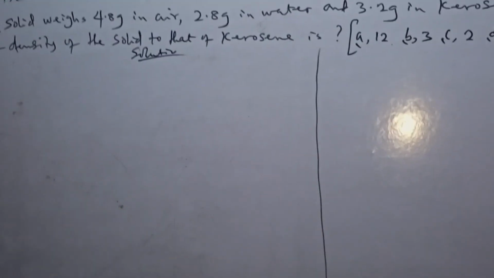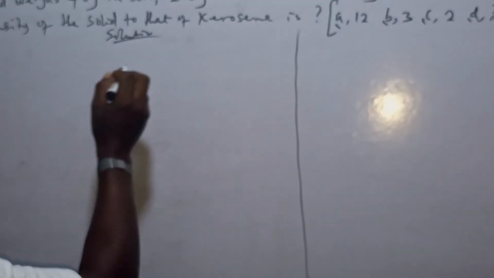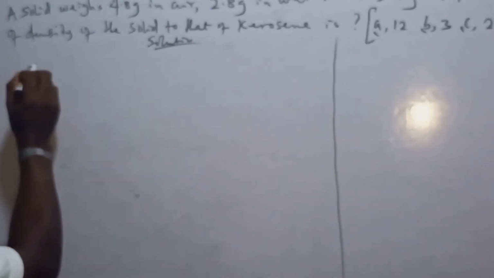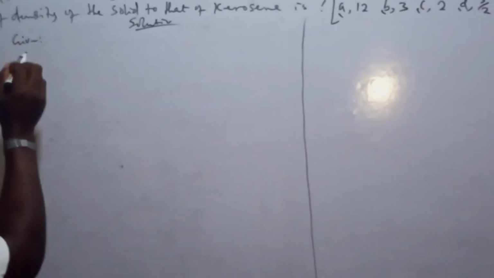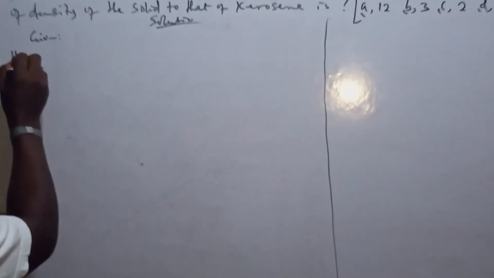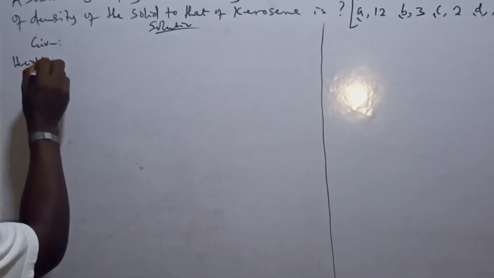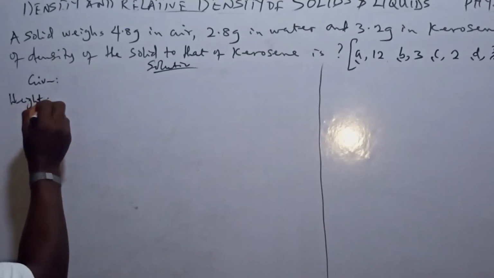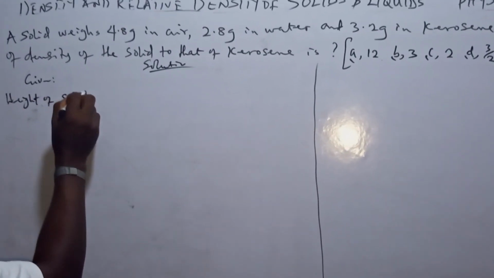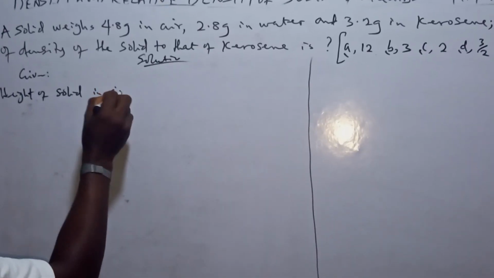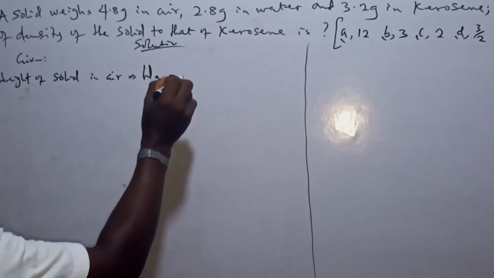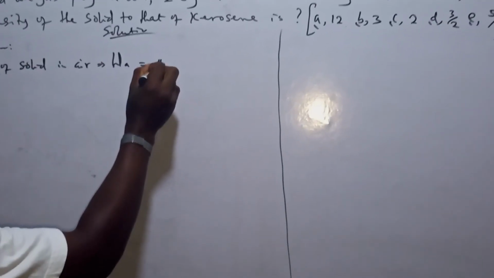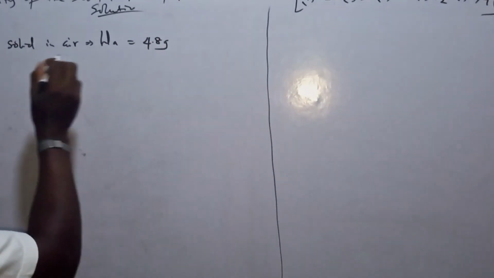Our solution here, we have as usual the given data. Weight of solid in air, presented as WA, is equal to 4.8 gram.